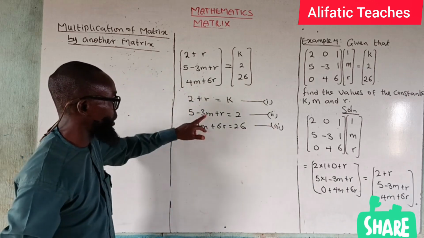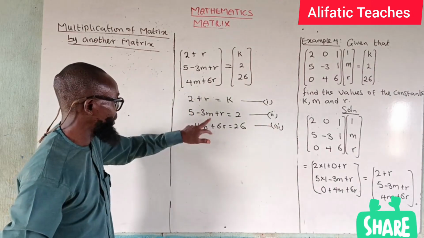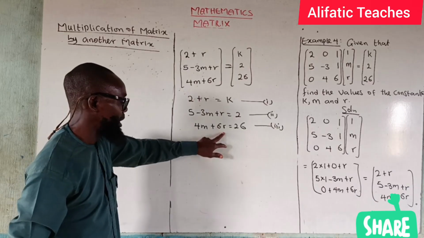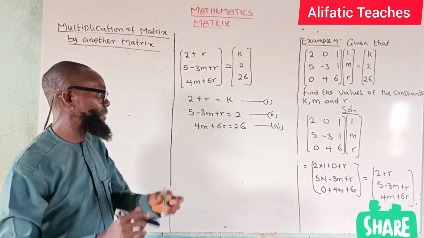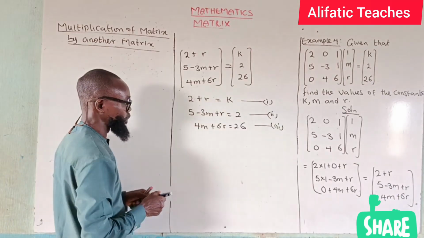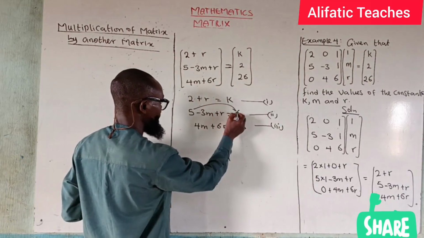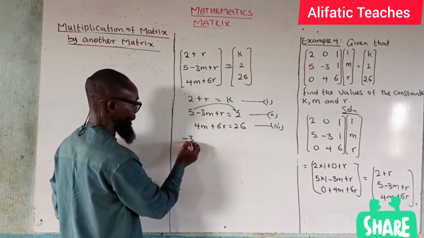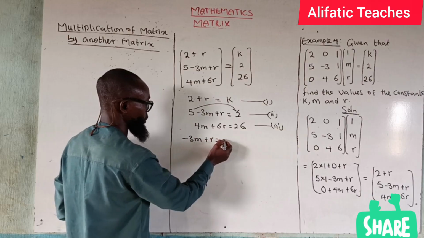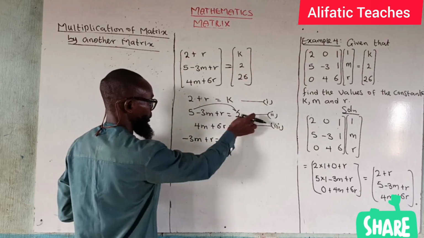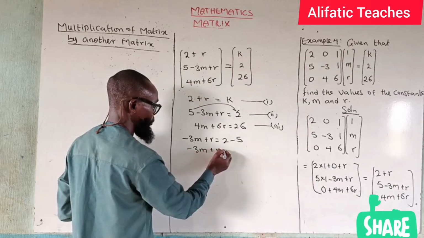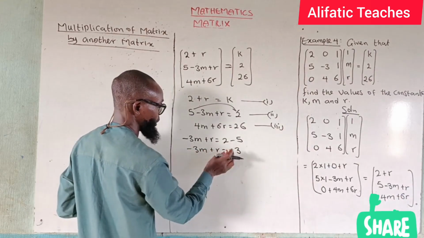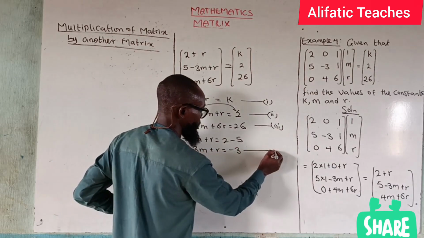This equation 2 and 3, I have m and r, I can work both of them simultaneously. But before then, let me rearrange equation 2. Let me take this 5 here. I'm going to have minus 3m plus r equals to 2. When this one is coming, take to minus 5. Minus 3m plus r equals to minus 3. So this one now is my equation 2.